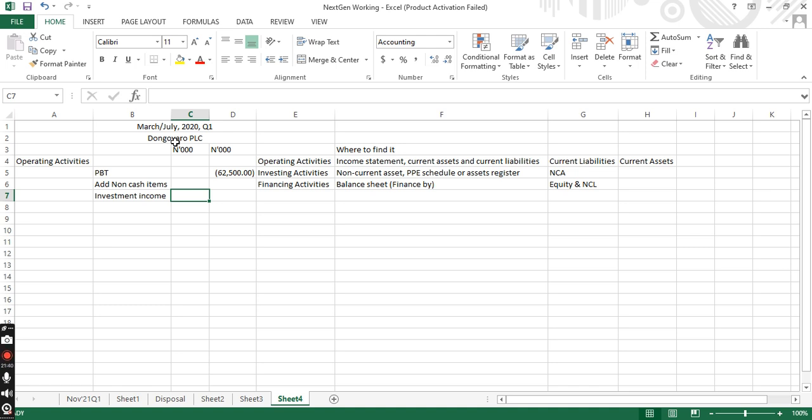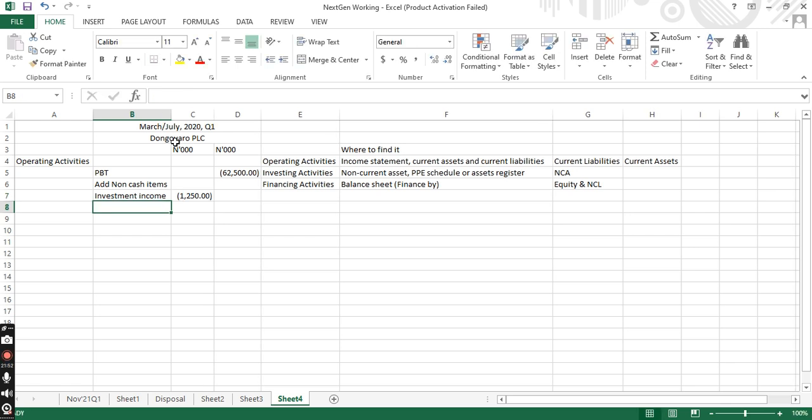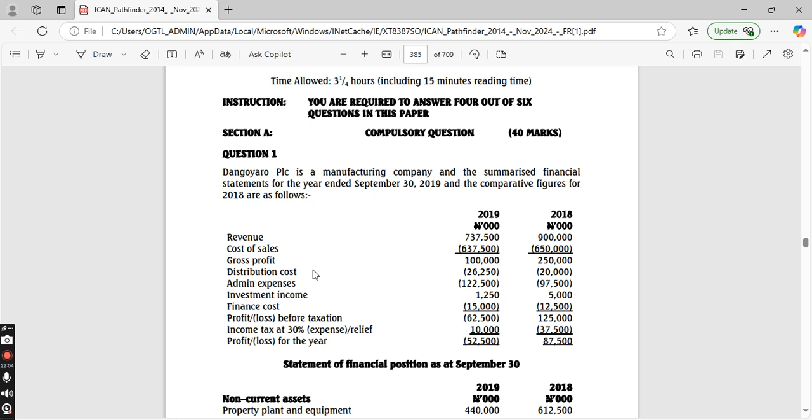It will still be minus since I want to deduct it. So it will be 1,250. I'm taking it away because it has been included as part of that loss. So I need to remove it. All right, so I have that 1,250. Then what else do we have after investment income?